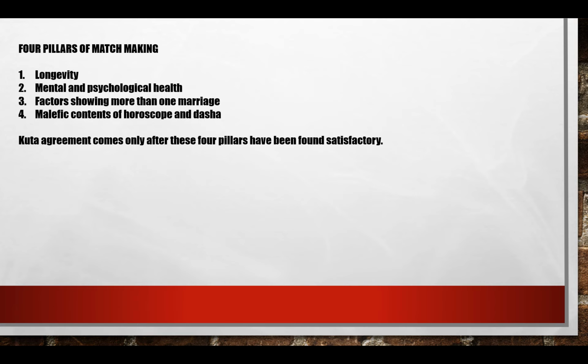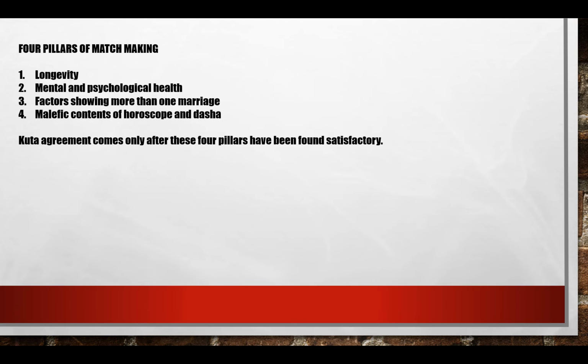Third is multiple marriages. Nobody wants to get into a commitment where the other person is not showing commitment, because marriage, as per our Indian culture, is a lifelong commitment. That is how our parents and grandparents saw it, and how we would like it for ourselves and our children. And the fourth, dosha samyam or malefic content of the horoscope, is very critical.